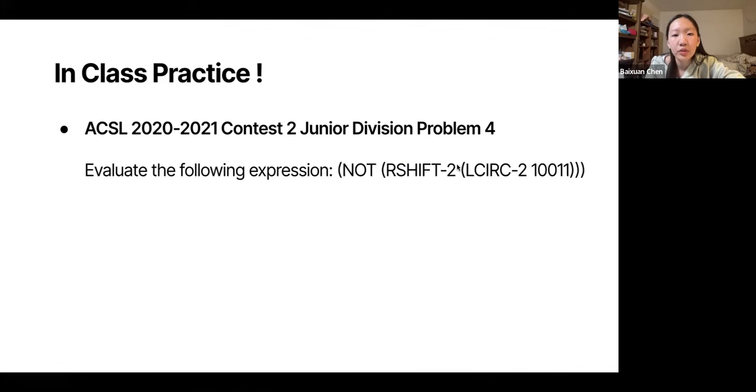Okay, evaluate this one. So why don't you guys try this problem? Remember to do the ones in the parentheses first. Parentheses will come before any operator when it comes to order of operations. So you'll evaluate that left shift and left circle and then the right shift and then the not finally.